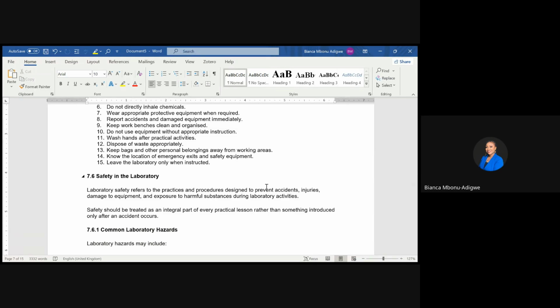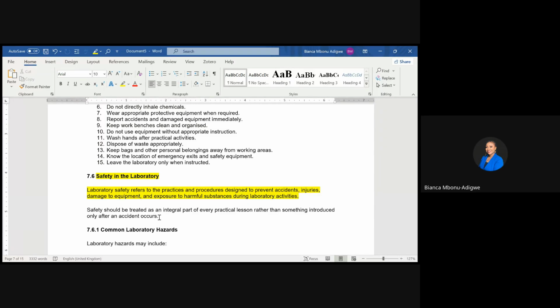Laboratory safety refers to the practices and procedures that are designed to prevent accidents, injuries, damage to equipment, and even exposure to harmful substances during lab activities.